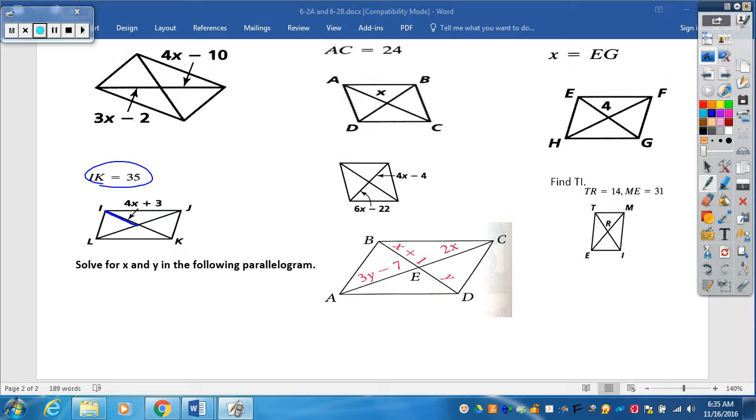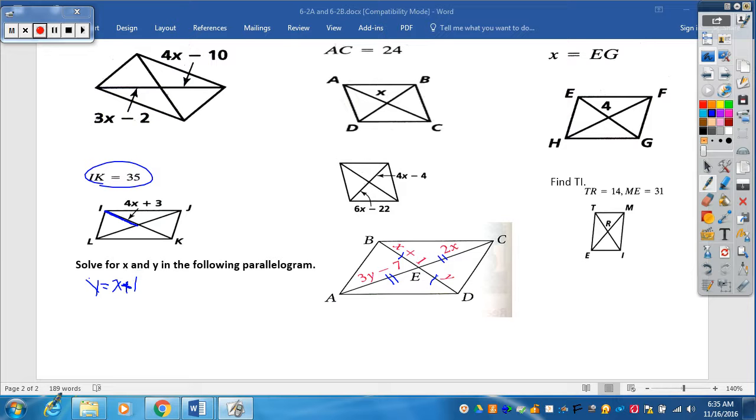So, in looking at this picture, the first thing I'm probably going to do is just go ahead and show that these diagonals bisect each other. Now, immediately I should know what the equation is going to be for both x and y. I've got one equation that will be y equals x plus 1.